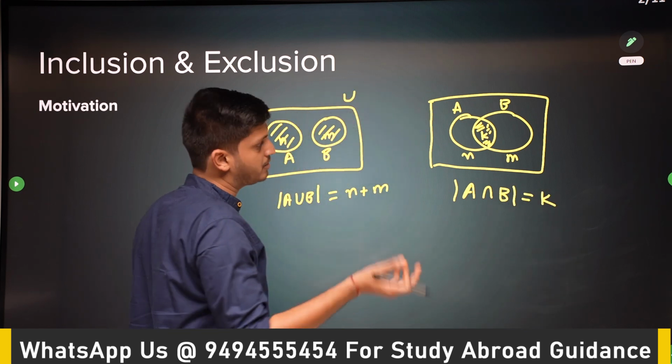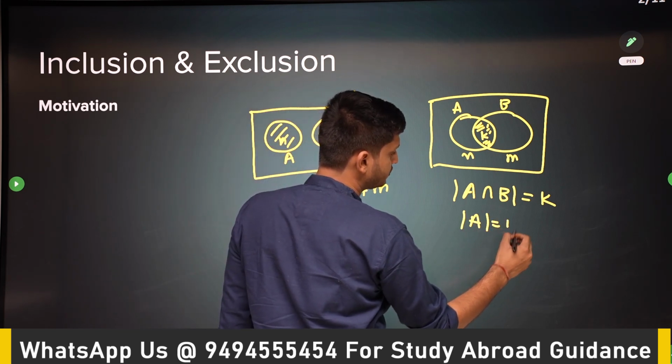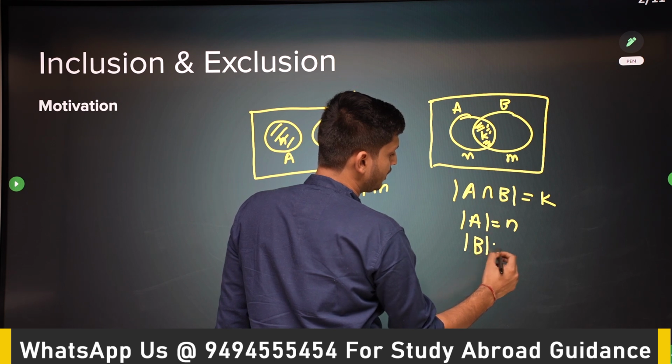There are k elements which are both in A and B, n elements overall in A, and m elements overall in B.